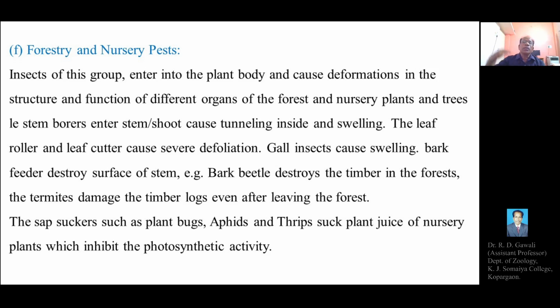So there are different categories of insect pests which attack forest plants or trees and even the plants grown in the nursery.